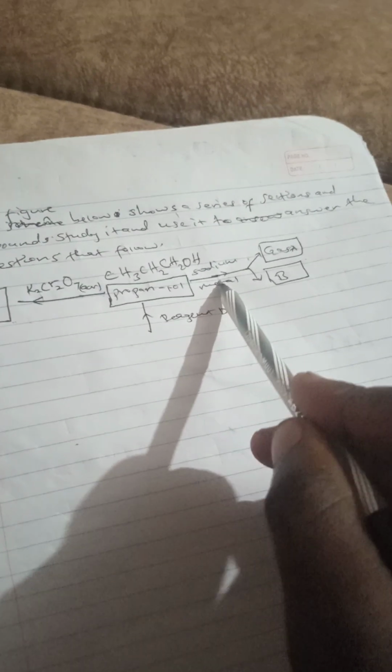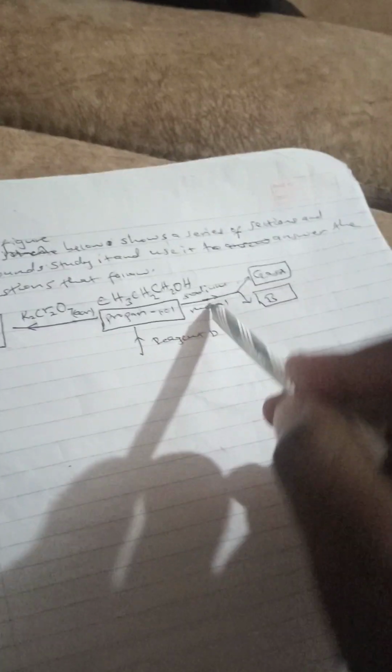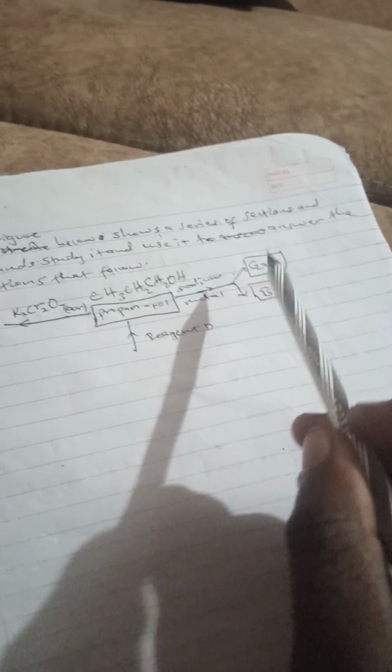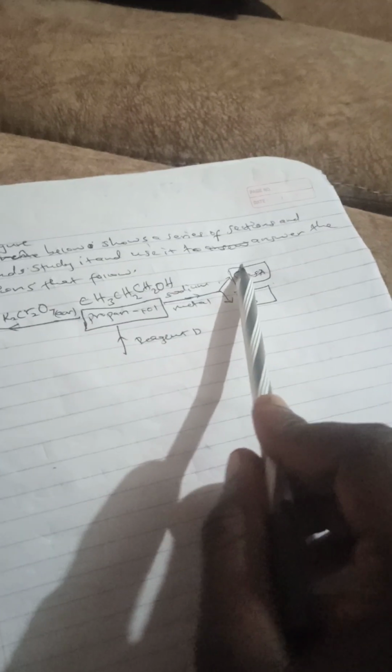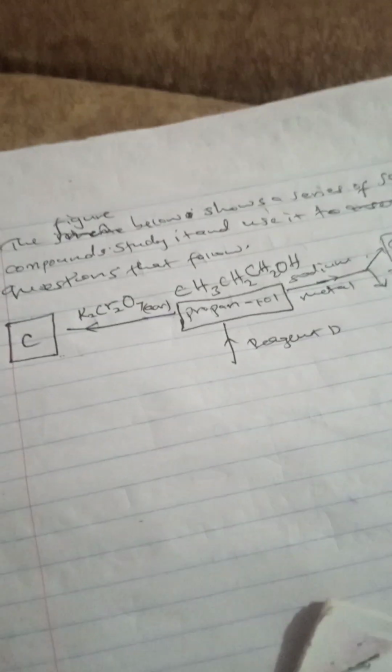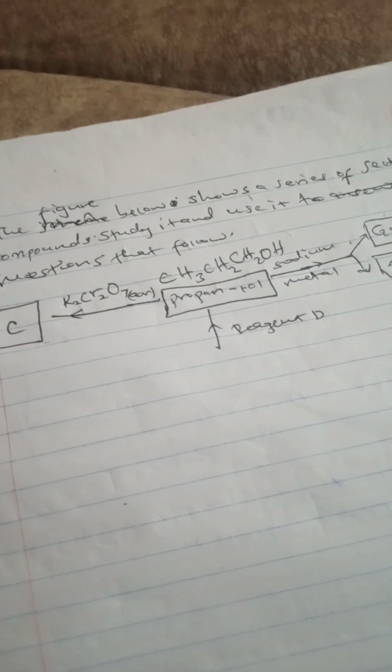That is propanol. It must contain some of the water, and there is something known as sodium metal. This sodium metal is in solid form. And there is something known as gas A, and here is B. This is compound B.